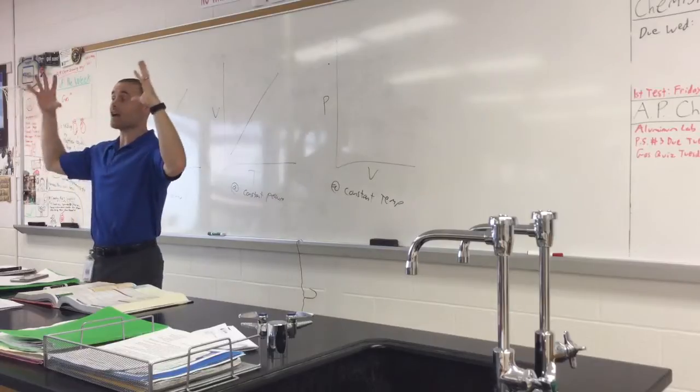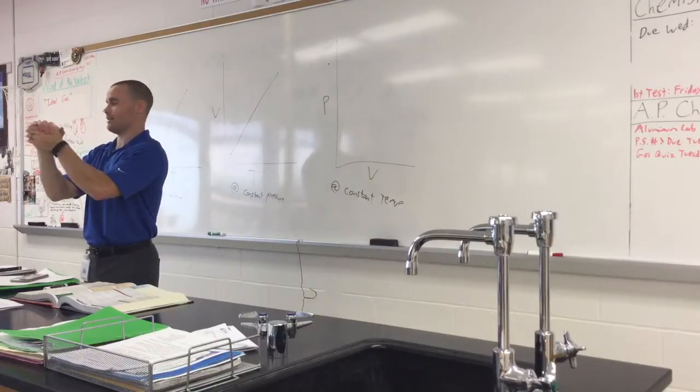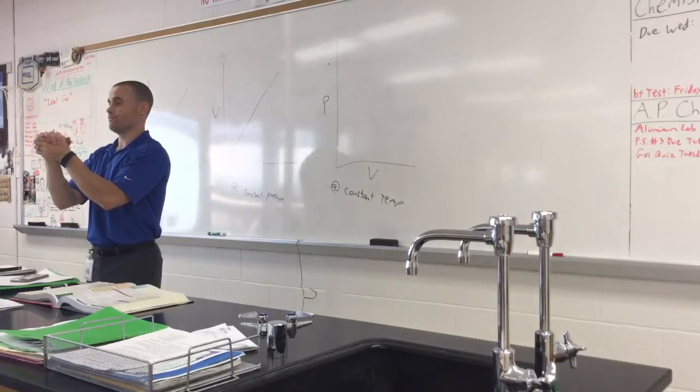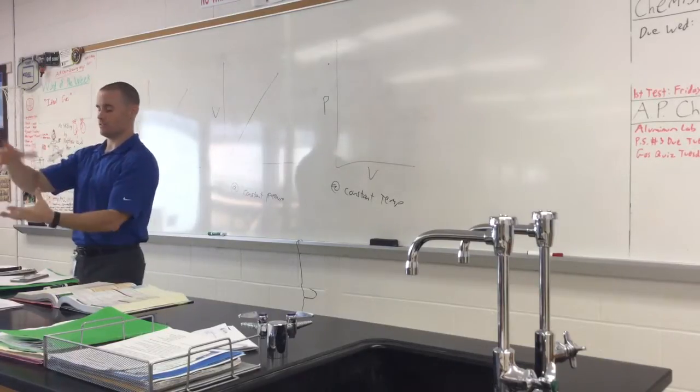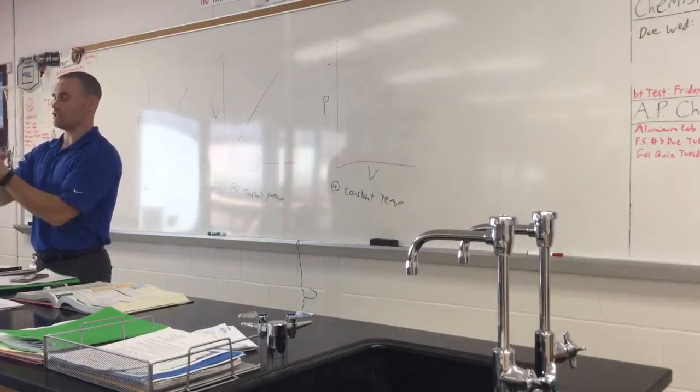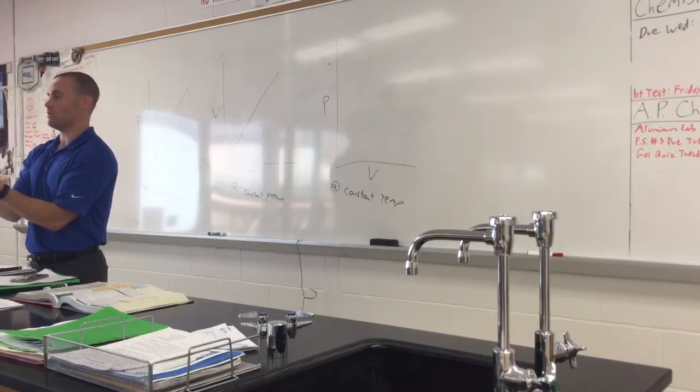So when we have a lot of pressure put on that can, what happened to the amount of space the can took up? It went down. So the can, when it's not crushed, takes up a certain amount of space. If you crush it, it appears to take up a little bit less space because it's smushed into a ball.